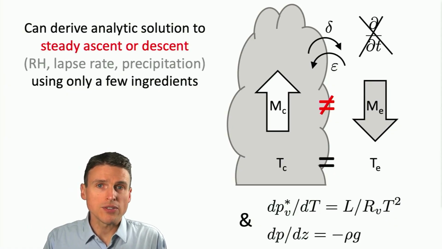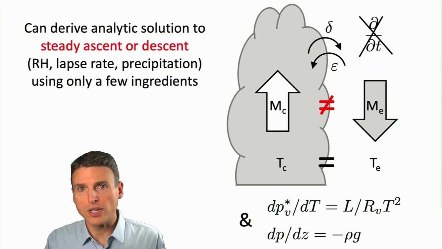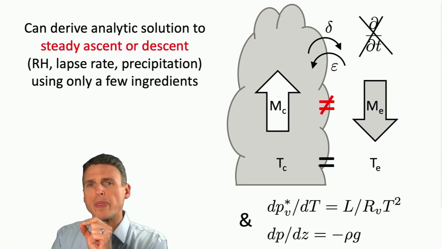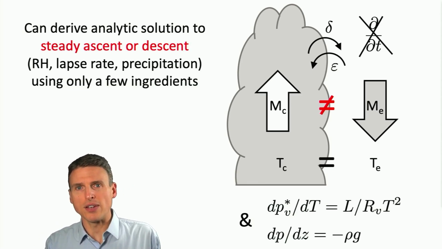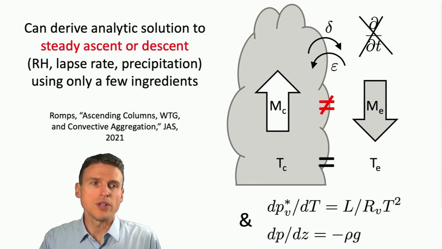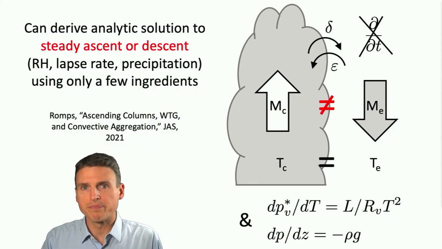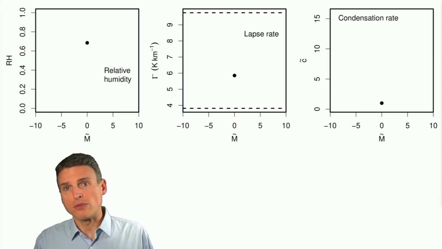What we get out of this is relative humidity and the lapse rate, as we did for RCE. It also tells us how the precipitation rate varies as a function of that net ascent in the column. This is work that came out earlier in 2021 in JAS. Let me show you some results.